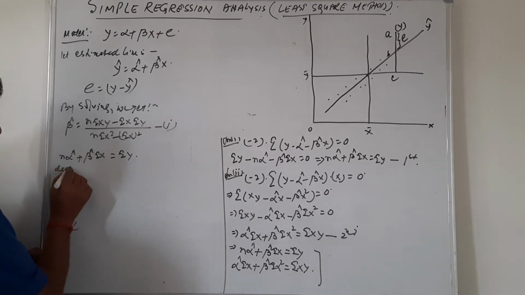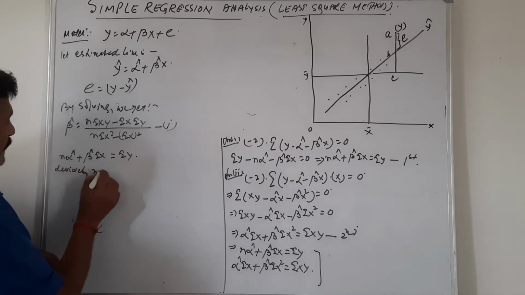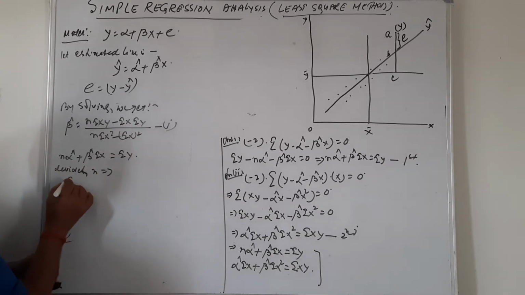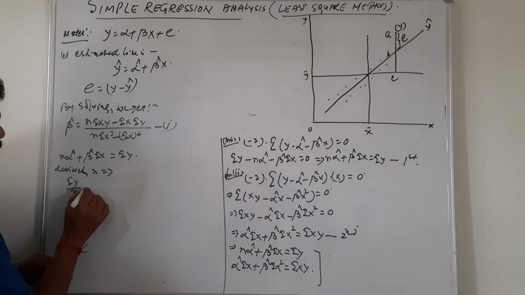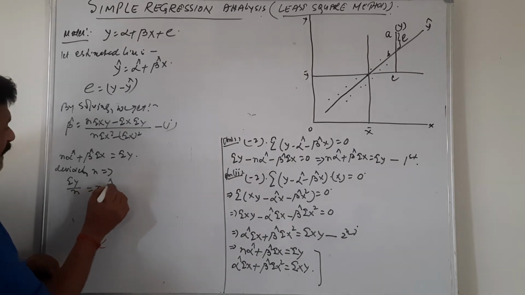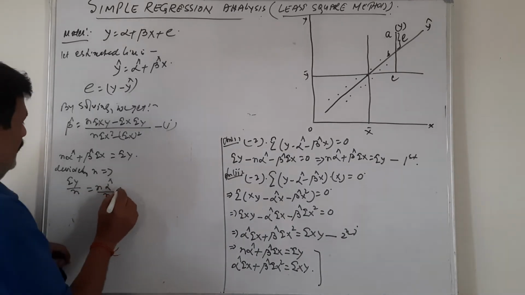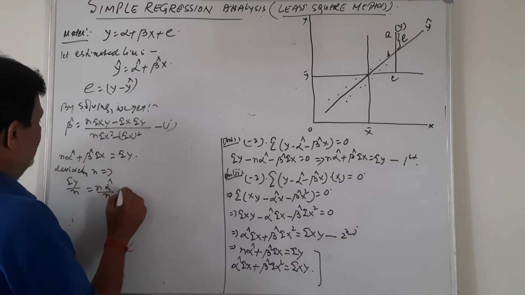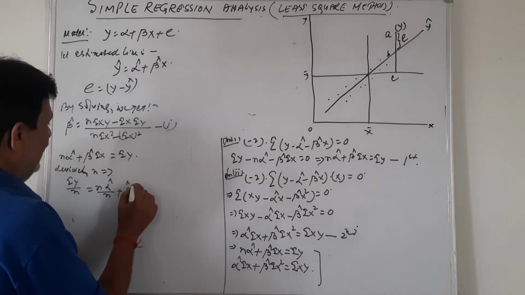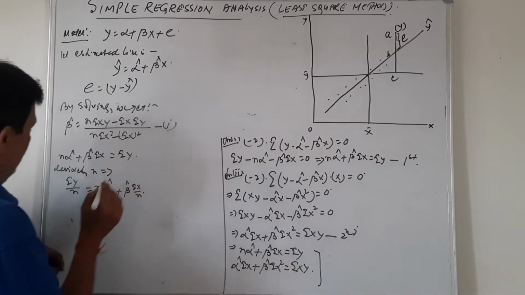So summation y by n equals n alpha cap by n plus beta cap summation x by n.